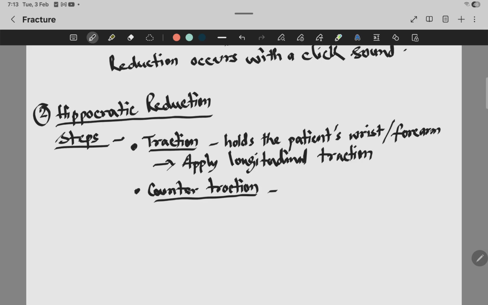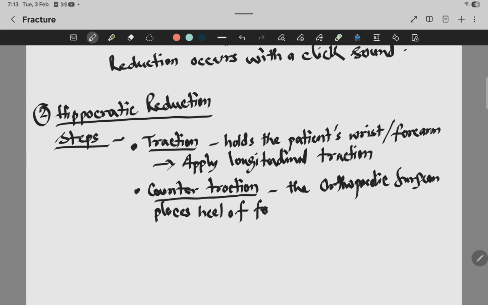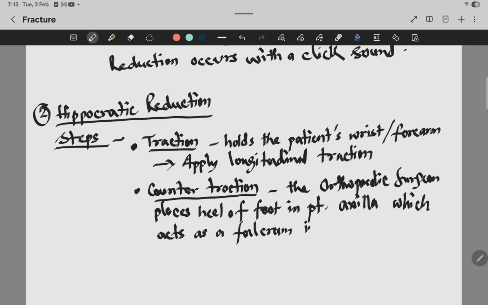The orthopedic surgeon places the heel of the foot in the patient's axilla, which acts as a fulcrum in counter traction.